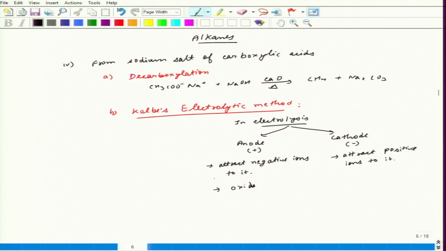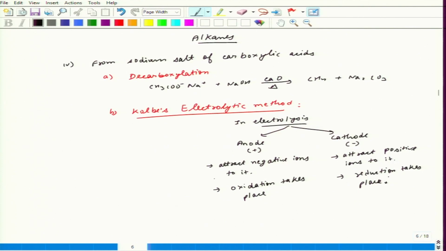What happens on the anode? Oxidation. On the anode there is always oxidation, and on the cathode there is always reduction taking place. These two are the key points to remember for any electrolytic reaction.